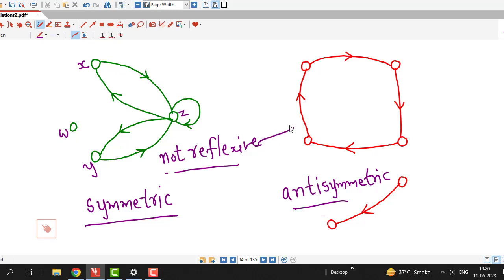This is also not reflexive, but this is not irreflexive also because Z is related to itself. Here there is a loop at Z, that means Z is related to Z. So this relation is not irreflexive. This one is irreflexive because there is no loop at any node.